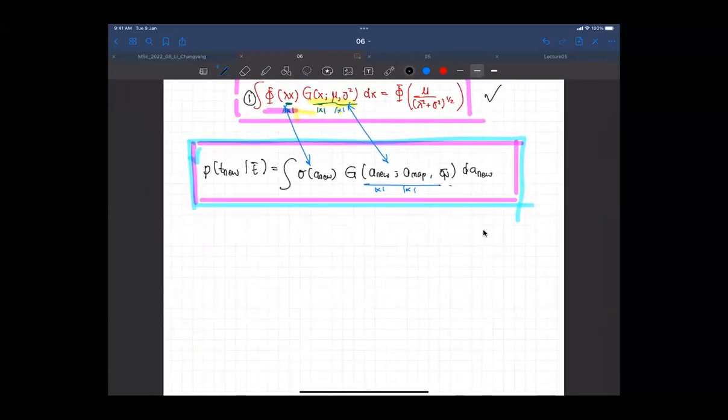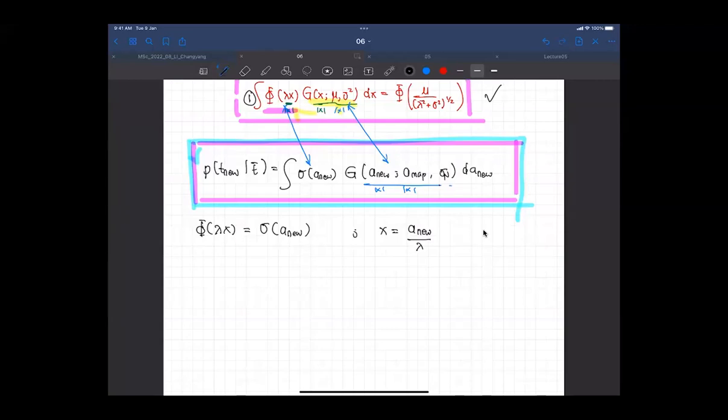Now here, if you do the matching, profit phi alpha x equals sigmoid a nu. That's correct. It means that x here equals a nu divided by alpha. Agree with me?